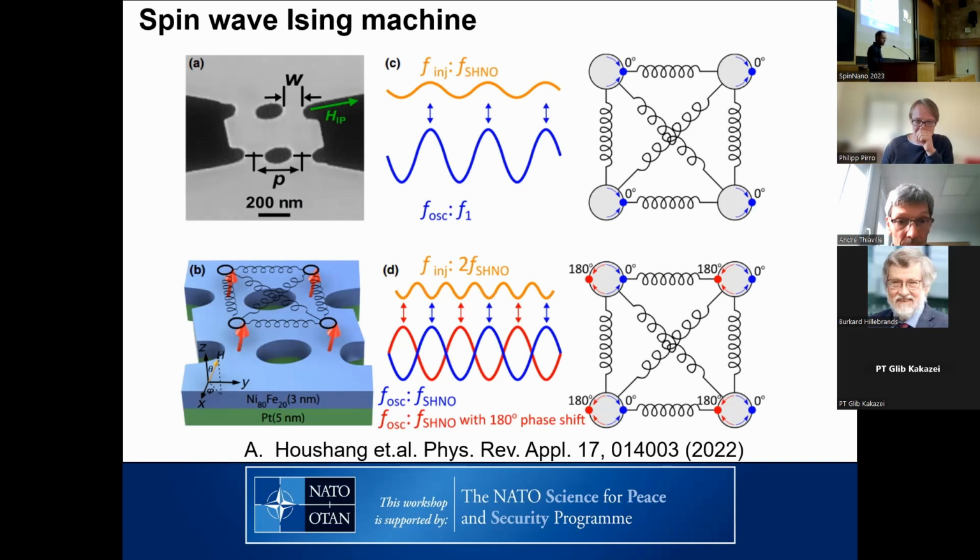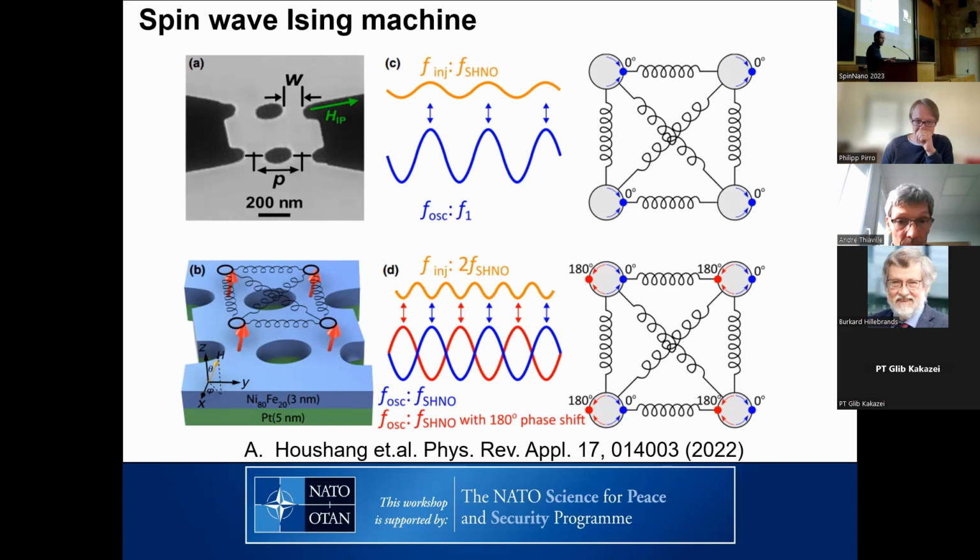Nothing interesting here, and the phases of all of the synchronized oscillators will be the same, as you see in this clockwise rotation on the upper panel.